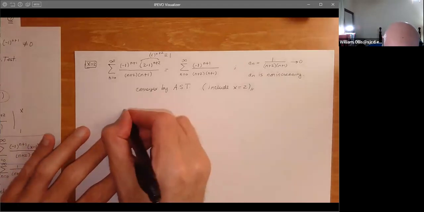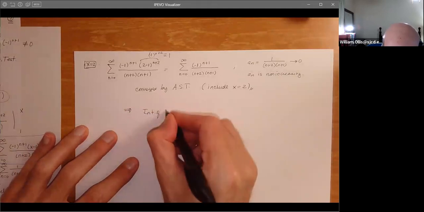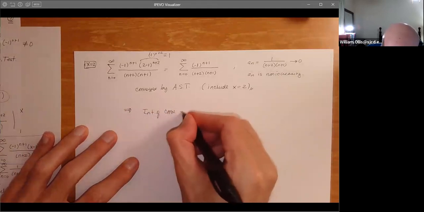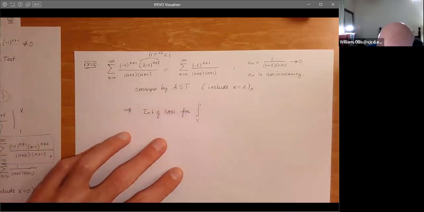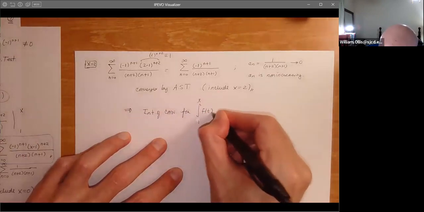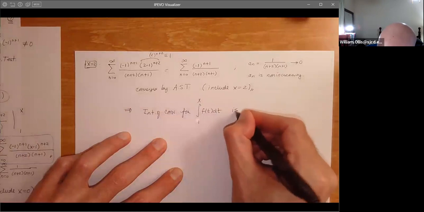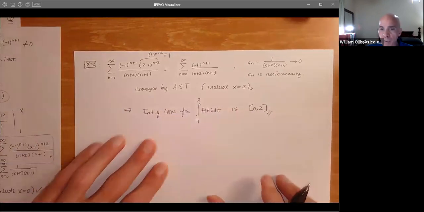So now this implies the interval of convergence for the integral, in this case, the integral from 1 to x of f of t dt, is 0 to 2. So we include both of the endpoints.